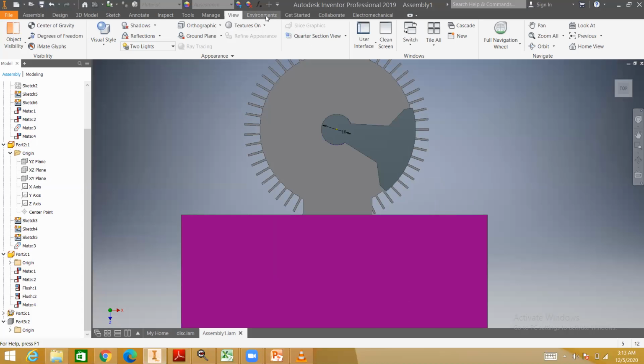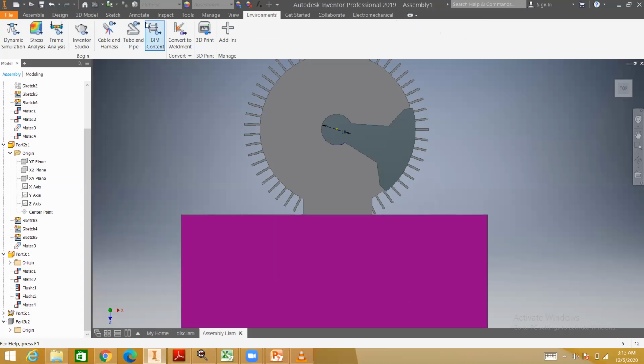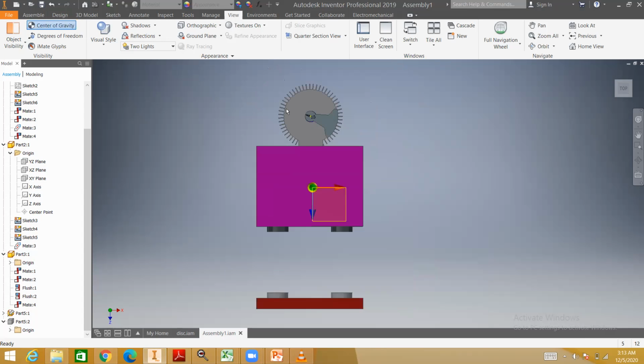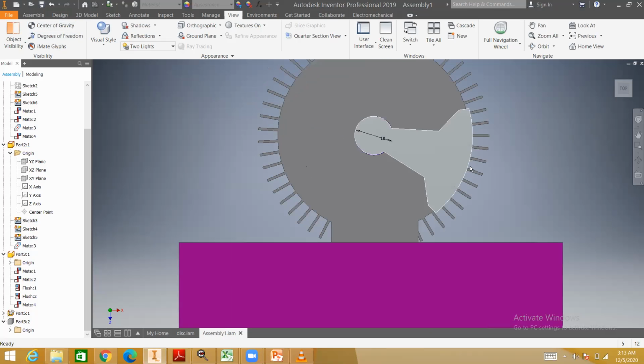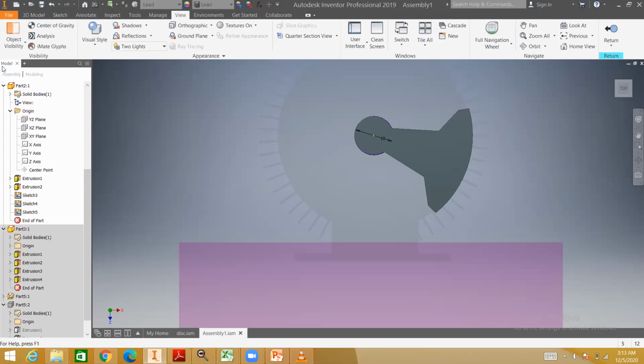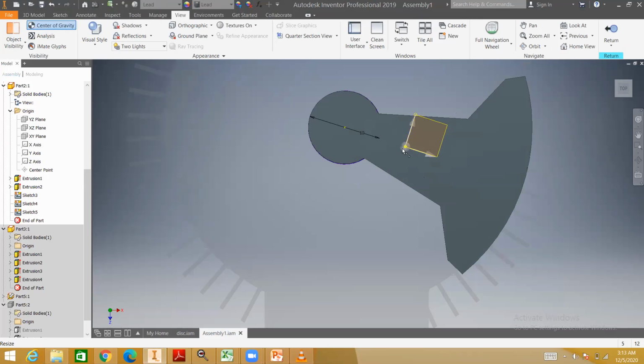Just observe the center of gravity, then we will get the idea of eccentricity. Okay, so this is the center of gravity.